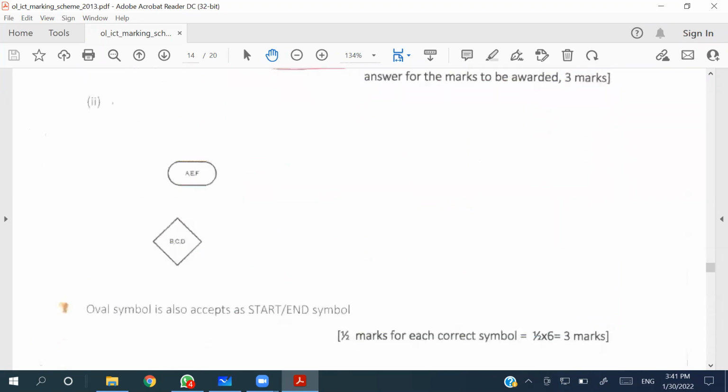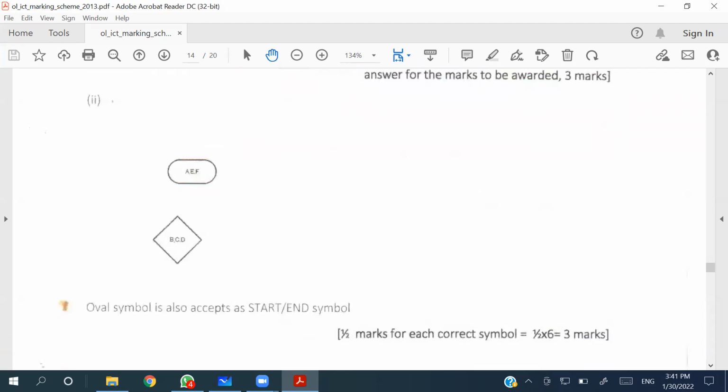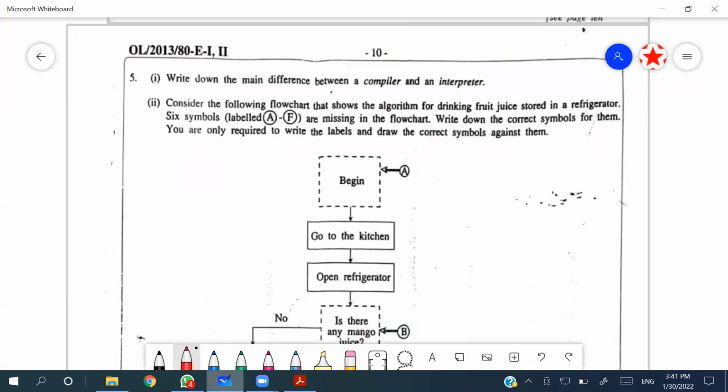All right. So the second part. Saran, Python is an interpreter-based one. Java is a compiler-related one.